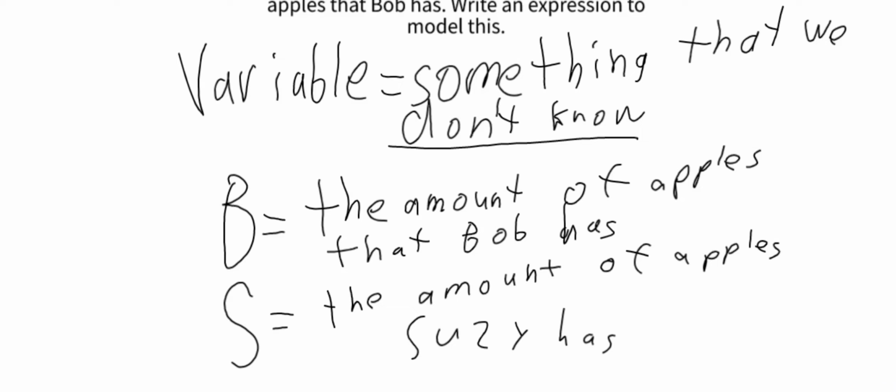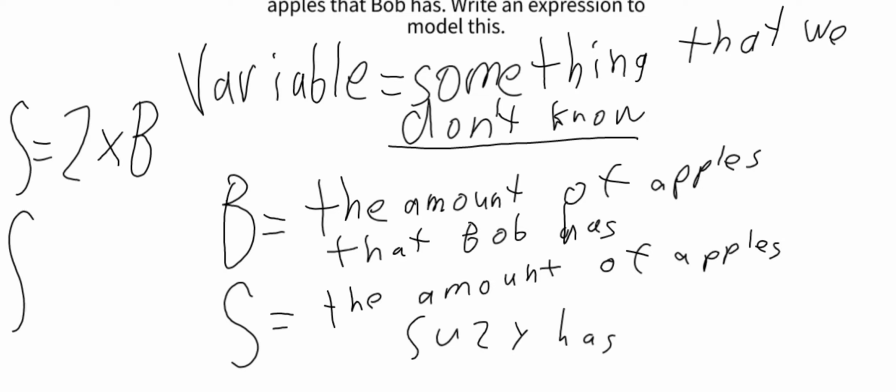And we know that the amount of apples that Susie has is just twice the amount of apples that Bob has, which we're writing as B. So S is just 2 multiplied by the amount of apples that Bob has. And now usually you won't see this times sign written like this. You'll usually see it as just 2B, but this means the same thing as 2 times B, or 2 times the amount of apples that Bob has.